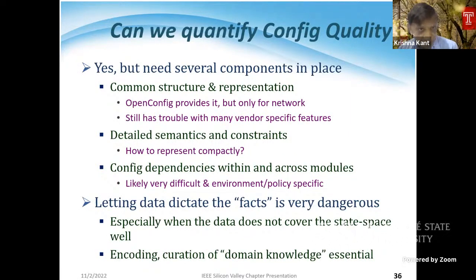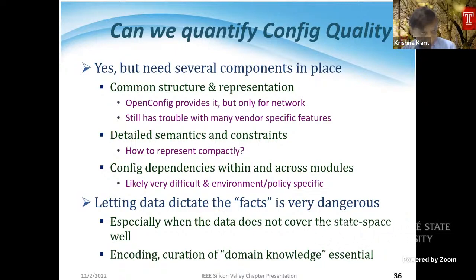So this is my last slide. The question is, can we quantify the configuration quality? The answer is yes, but we need several things to be in place to be able to really do that job. First one, which we already have to some extent, is that we need a standard way of specifying the structure and representation of the configuration.